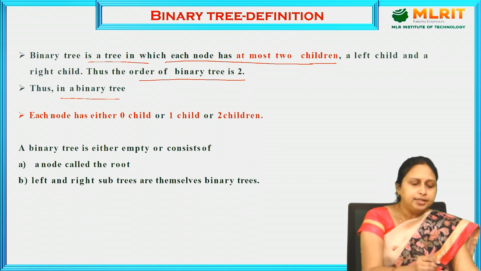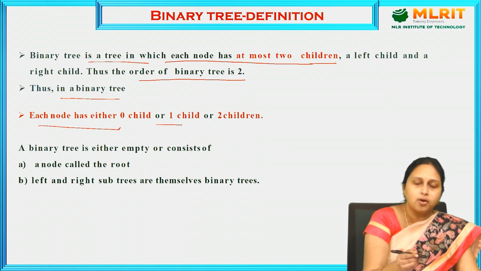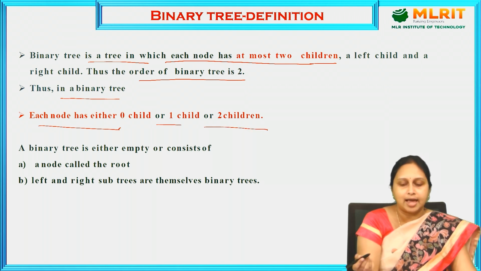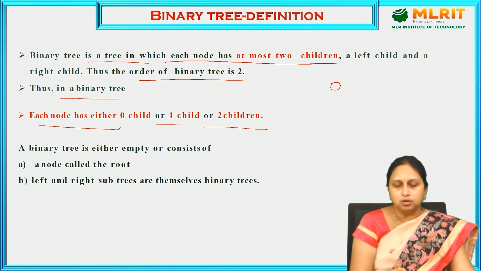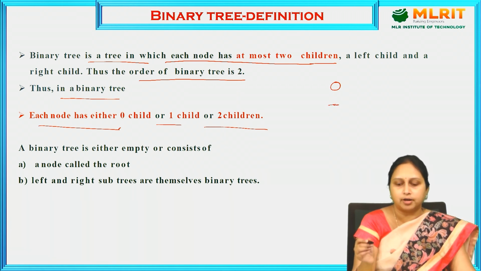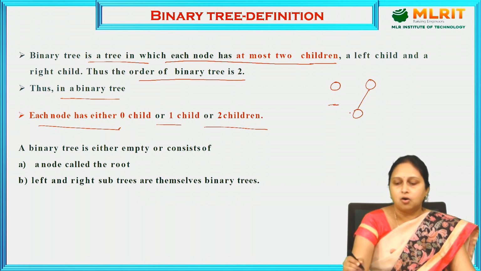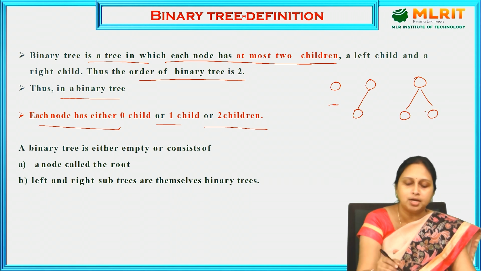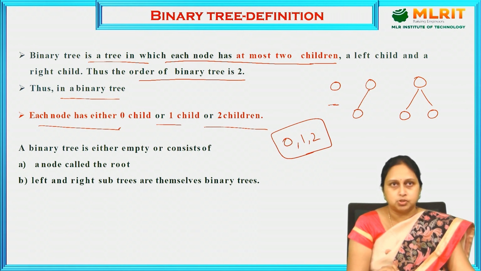Each node has either 0 children, 1 child, or 2 children. If we have only one node, it is a root node and it does not have any children, left or right. Or a node with 1 child, or a node with 2 children. At most means you may have 0, 1, or 2. Any of these is allowed.